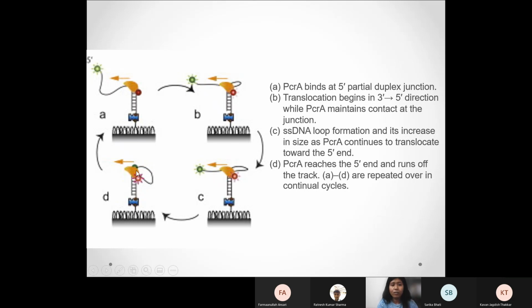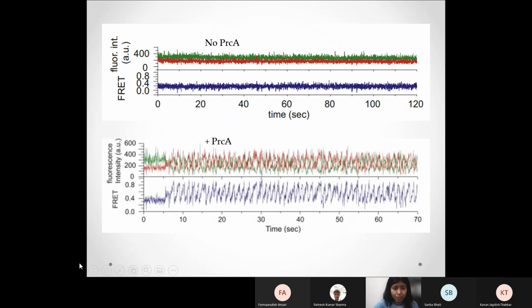When it falls off, there is nothing holding these two fluorophores at close proximity. Single-stranded DNA और भी ज़्यादा flexible होता है, and then the distance increases, and that's the reason you see a sudden drop. So you see an increase in FRET and then a sudden drop. Then the PCRA reloads, again an increase in fluorescence, a sudden drop. So this kind of oscillatory behavior goes on in the system.